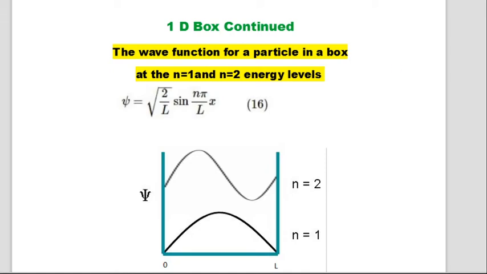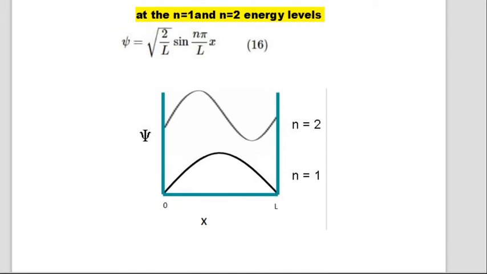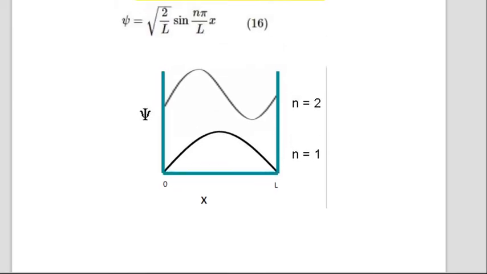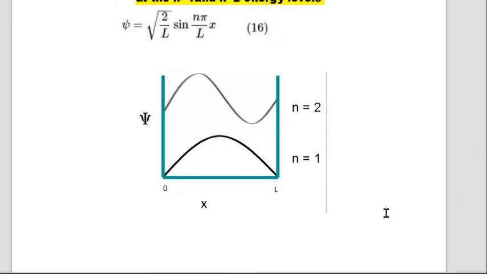If we plot psi versus x for different quantum numbers, for n equals 1, the plot will look like this. We are plotting from 0 to L. The psi value initially, when x equals 0, is 0.